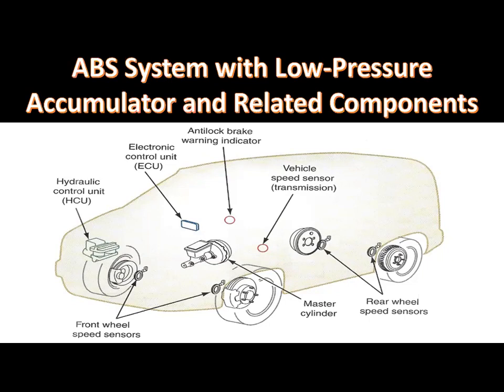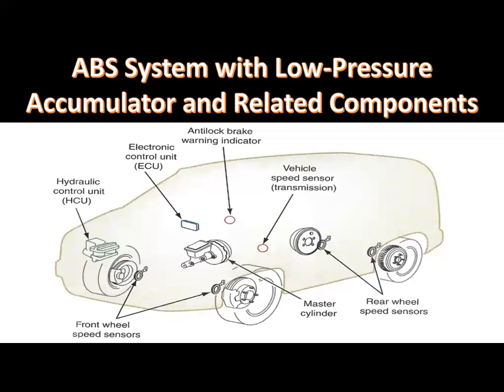This shows the hydraulic schematics of a Bosch three-channel ABS system. When a wheel speed sensor signal indicates wheel lockup is about to occur, the control module energizes the isolation valve. This valve closes the fluid passage between the master cylinder and the wheel that is about to lock up.